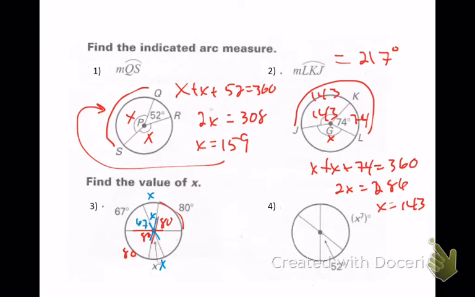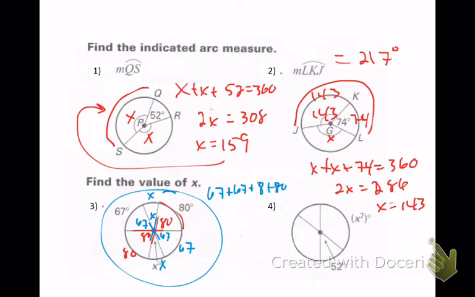This central angle is 67, vertical angles makes this 67, which makes this arc 67. And if you add all the way around the circle, you're going to get 360, right? So what we need to do now is go 67 plus 80 plus 80 plus x equals 360. Okay? Big time equation there. Solve that down, and x will end up being 33.